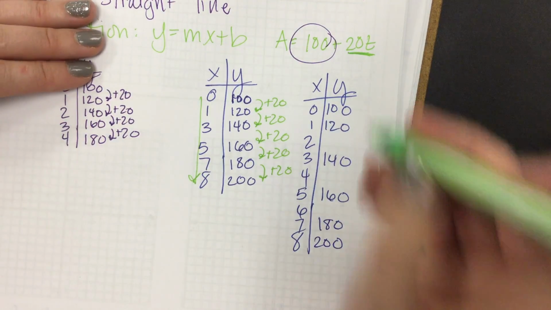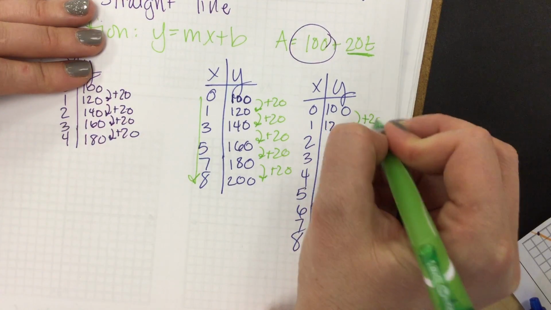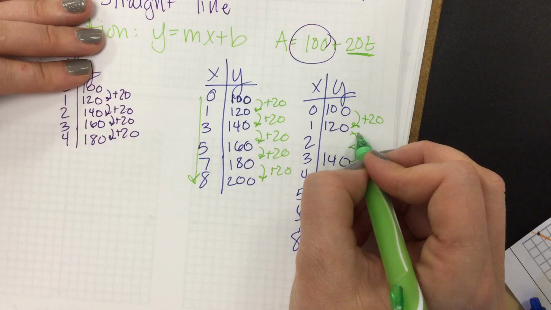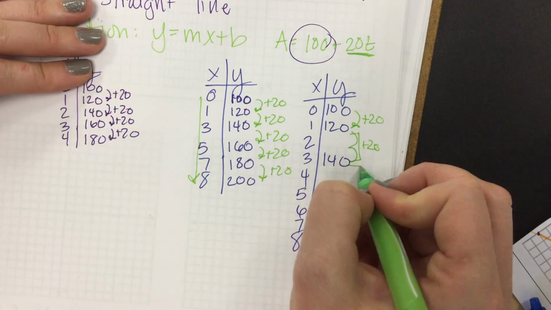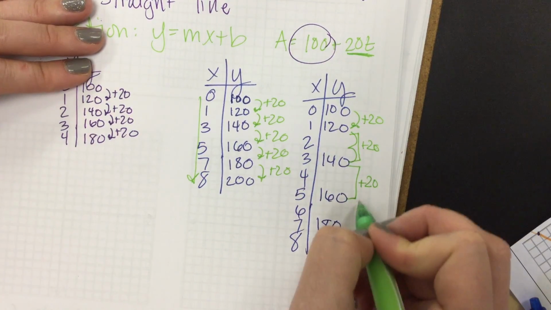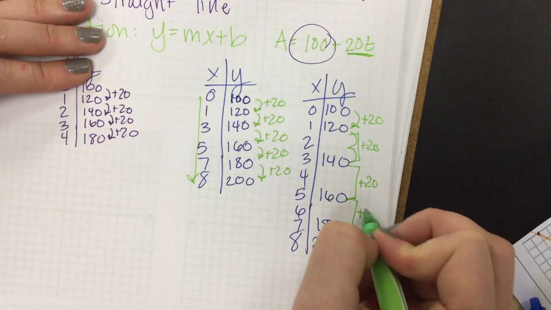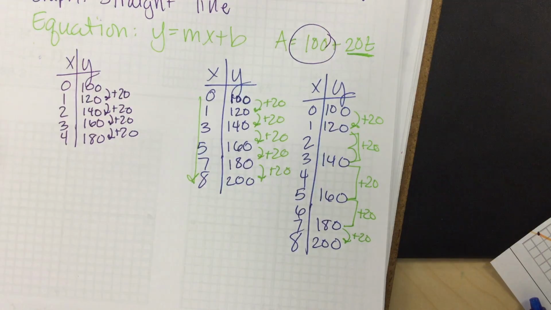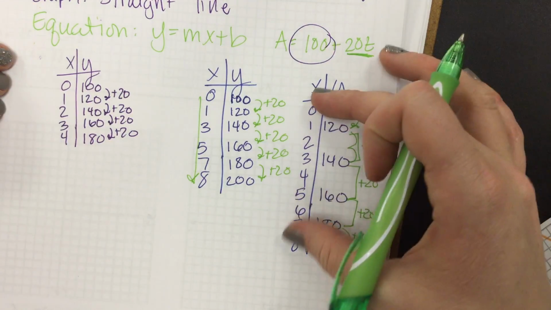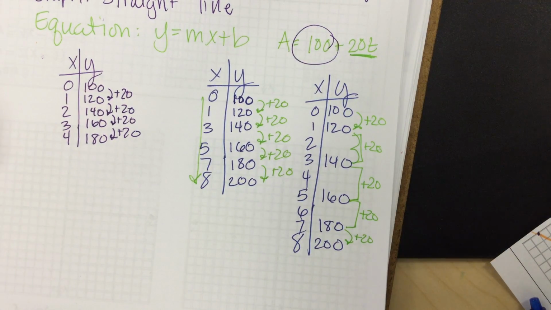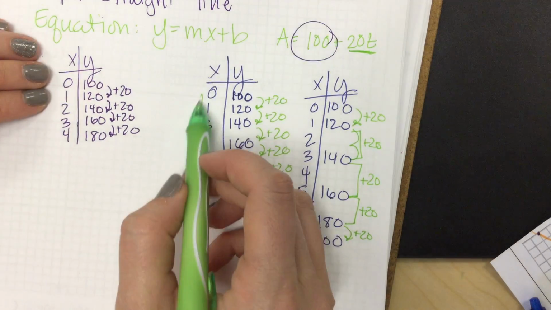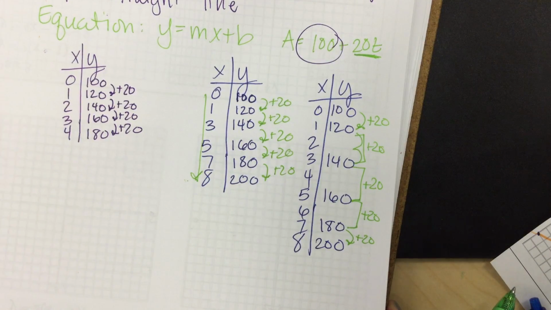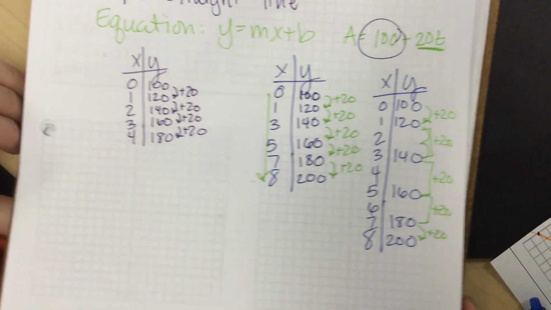You can see here that this increases by $20 in the first week, but then it takes 2 weeks to increase by $20, another 2 weeks to increase by $20, another 2 weeks to increase by $20, and then in 1 week, it increases by $20. So you need to extend the table out in order to determine if the X's are not counting by ones, in order to determine if it is a linear relationship.